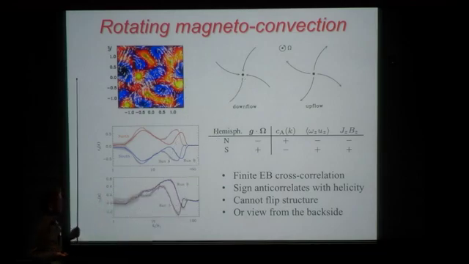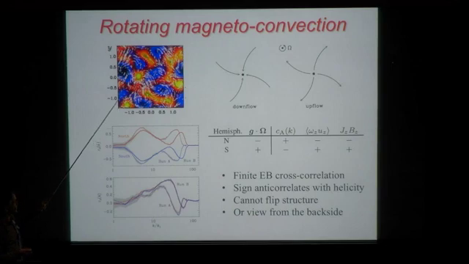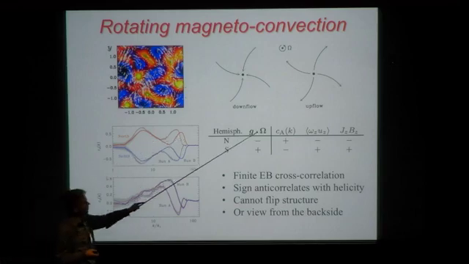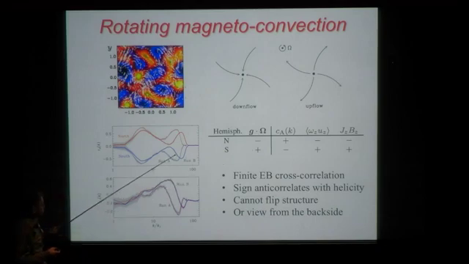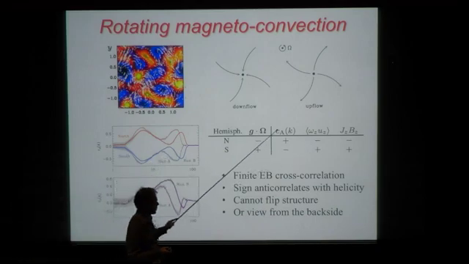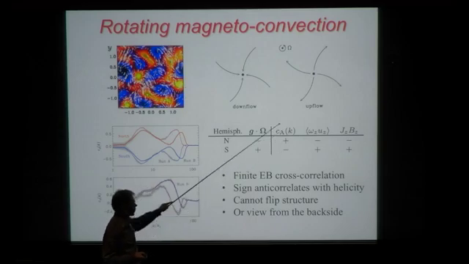So now a numerical experiment with rotating convection is shown here. We see here the antisymmetric part of the spectrum, and we clearly see it is different from zero for the first time. If we change the angular velocity the other way around, corresponding to going from the north to the south, we have the opposite sign of the antisymmetric EB cross-polarization.